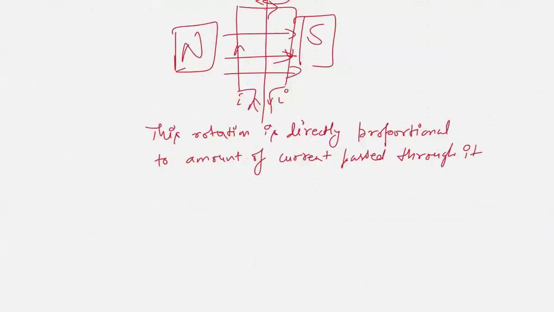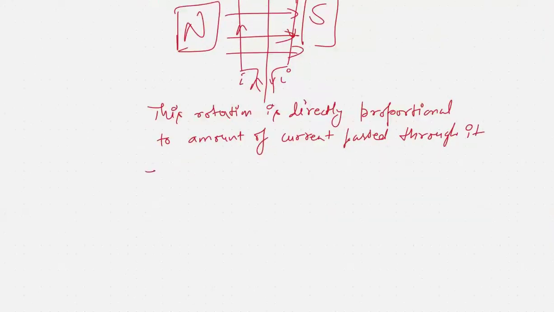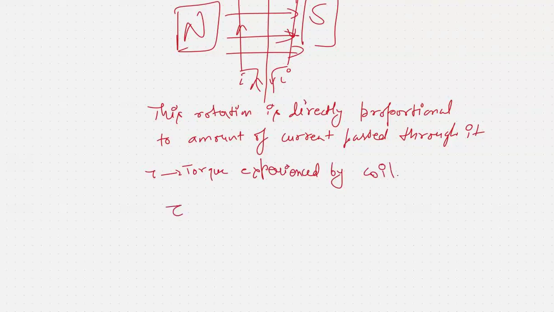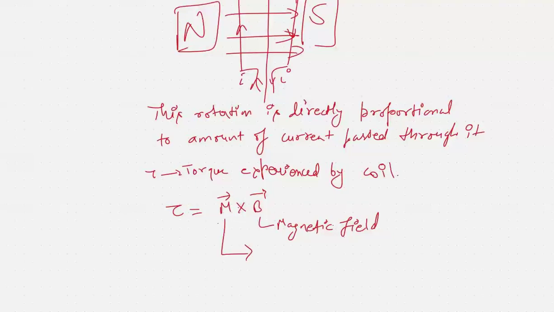Also, the torque experienced by the coil is nothing but M cross B. This B is the magnetic field, and this M is the magnetic moment.